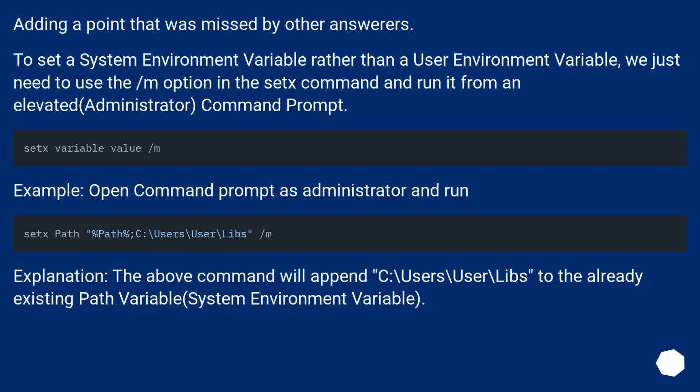Adding a point that was missed by other answerers. To set a system environment variable rather than a user environment variable, we just need to use the /m option in the SETX command and run it from an elevated administrator command prompt. Example: open command prompt as administrator and run.